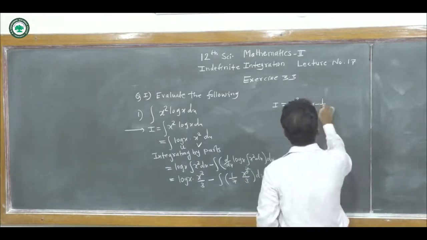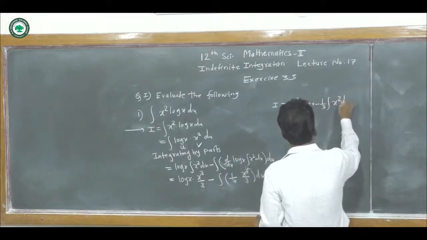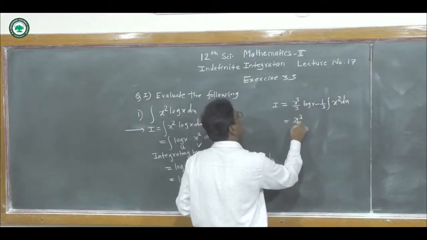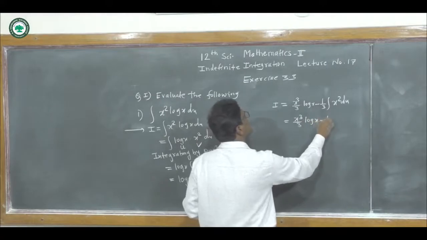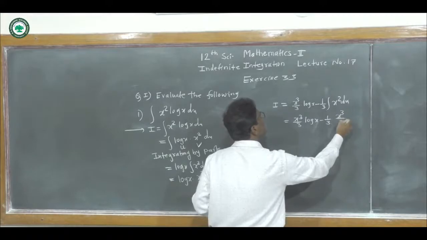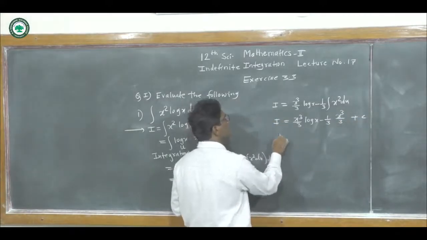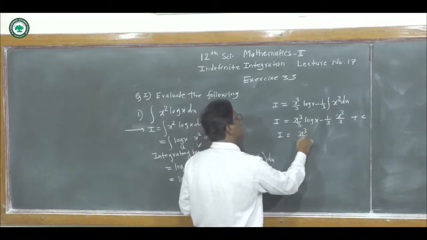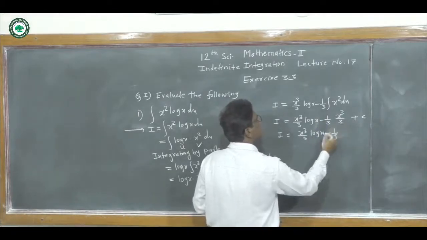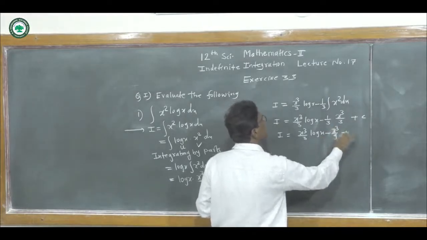So here 1 upon 3 into integration of x square dx, and so x cube upon 3 log x minus 1 upon 3 integration of x square, again x to the power 3 upon 3, and plus lastly constant of integration c. So I is equal to x cube upon 3 log x minus, 3 threes are 9, x cube upon 9 plus constant of integration.